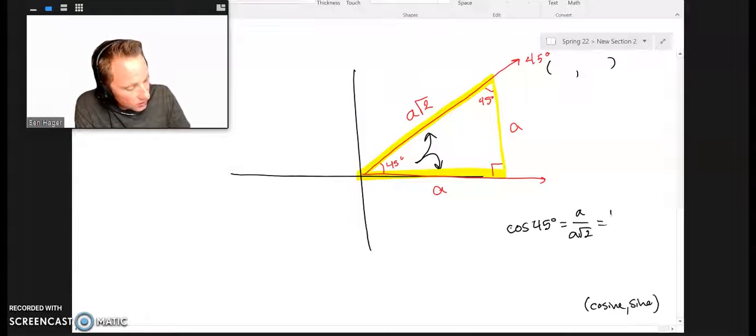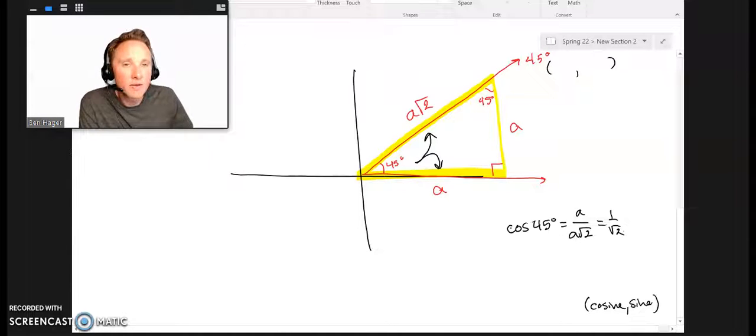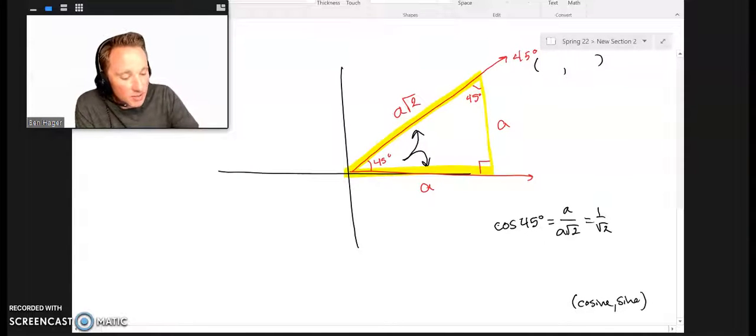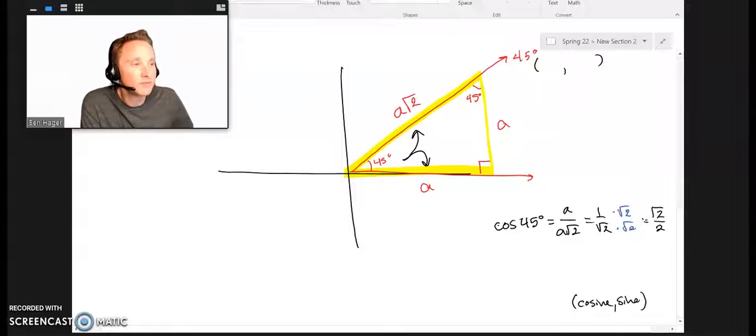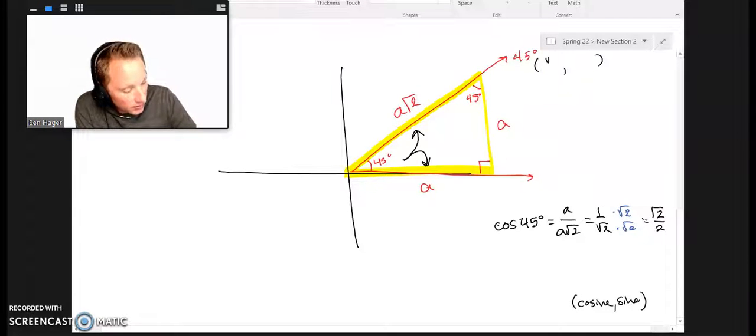The a's cancel and you get 1 over radical 2, which is fine, although it's usually not the common way we see it. Usually we would rationalize that denominator by multiplying top and bottom by root 2. And so I would be left with root 2 over 2.